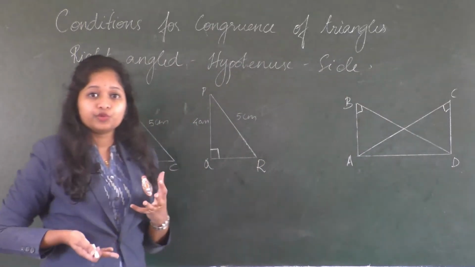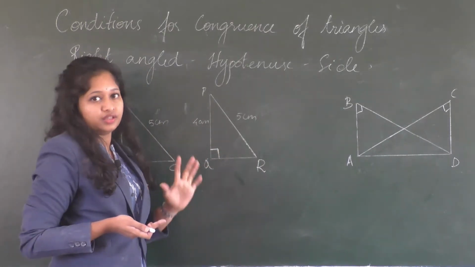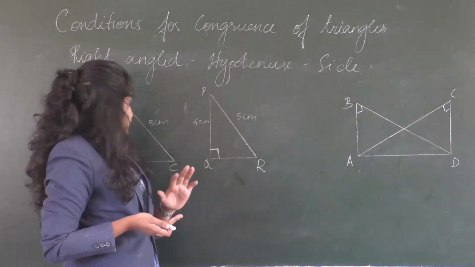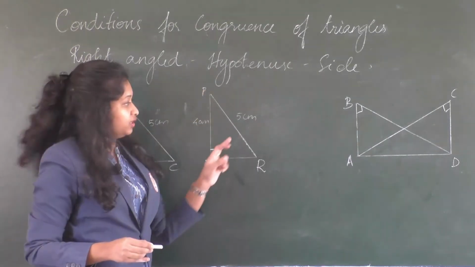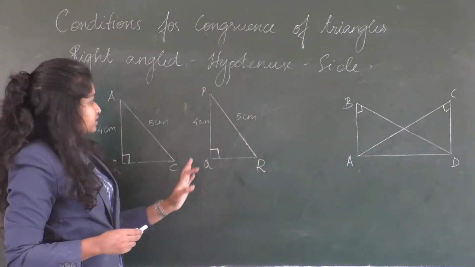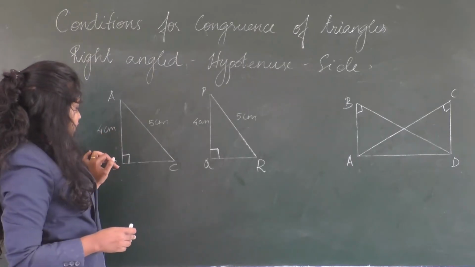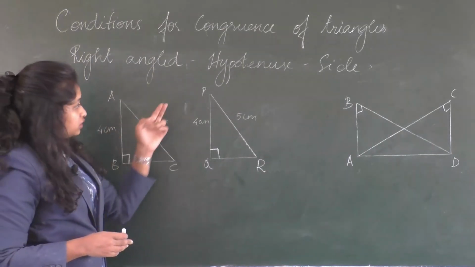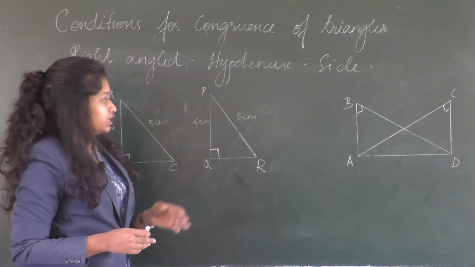And what is this hypotenuse? It is the longest side of that right angle triangle, okay. Now this AC and PR are the hypotenuse. This is the longest side of this right angle triangle. And AB is given as 4 centimeter, PQ as 4 centimeter, AC and PR as 5 centimeter.